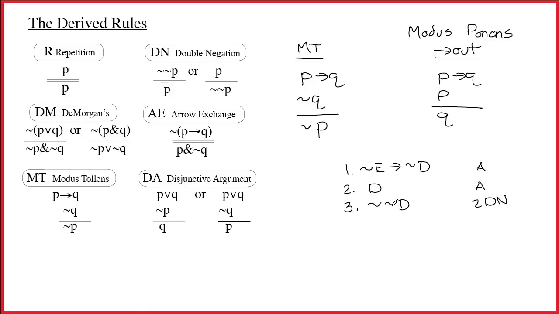Now that I have done that, I can actually do modus tollens on line 1, and what do I get? Tilde tilde E. And the justification will be 1, 3 modus tollens.